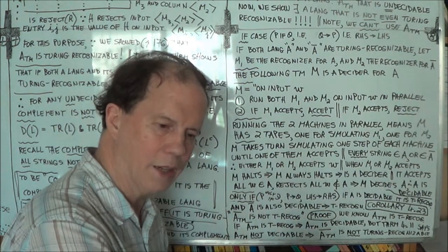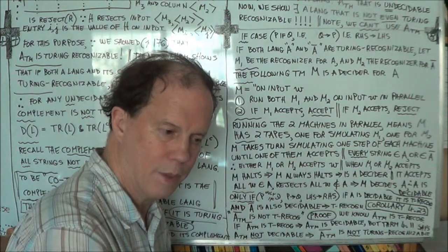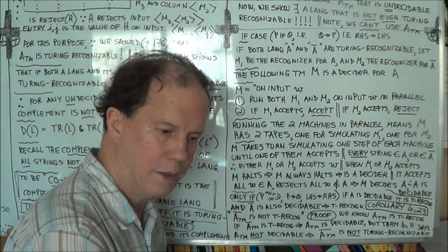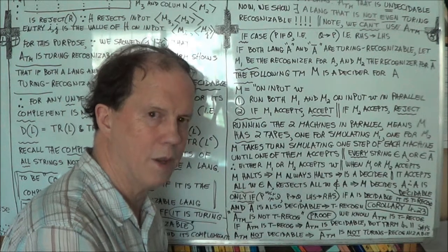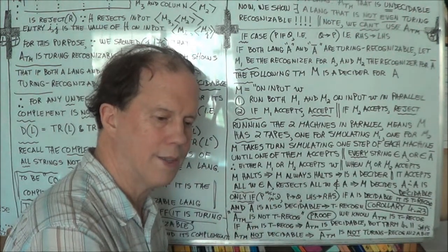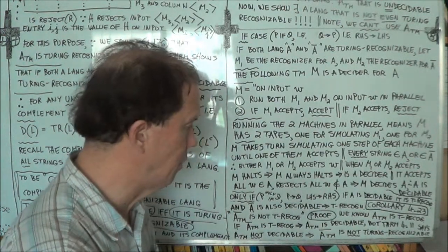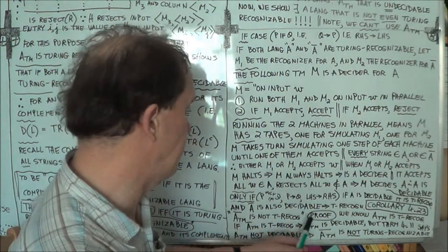It can also reject all the strings that are not in the language. Okay? So a decider also performs the task of being a recognizer. So any deciding Turing machine is also a recognizer. So we've got that part done immediately. Right.